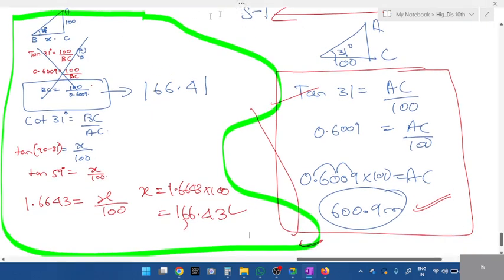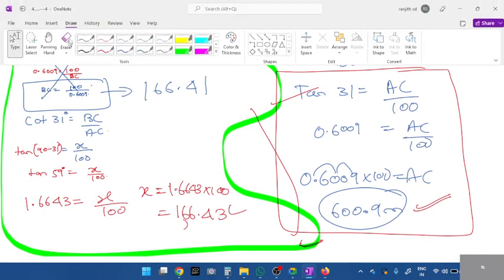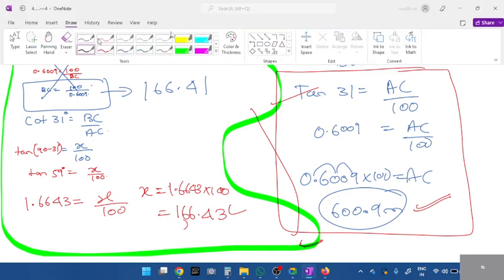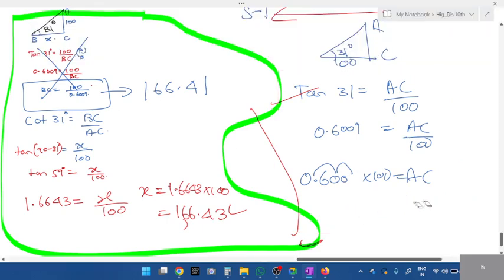Write even the tan 31 and mention in brackets not to use tan 31. Reason: decimal in the denominator. It is impossible to calculate without a calculator, 100 divided by 0.6009. Be quick, make a note, we'll start solving.